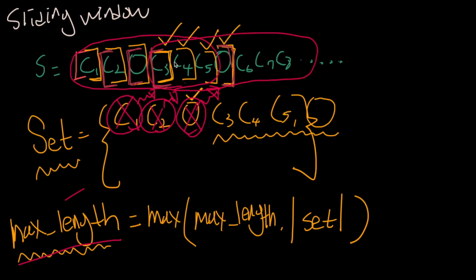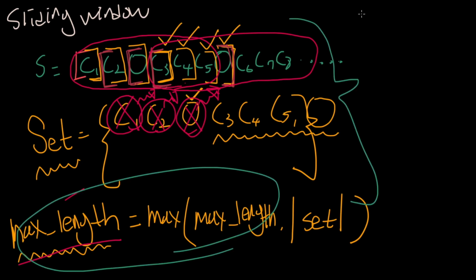So this is how you do it. And this solution is going to take, in worst case scenario, O of 2n, because in the worst case scenario, the left pointer has to point to every single character here. Also, the right pointer has to go through every single character in this string.